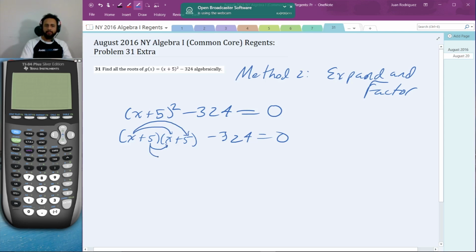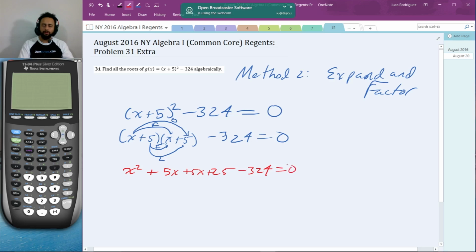X gets multiplied by each of the x and the 5 on this side, and then the 5 gets multiplied by each of the terms here. X times x, so the first, outer, inner, last. Okay, x times x is x squared, plus x times 5 is 5x, x times 5 is 5x, and 5 times 5 is 25, minus 324 equals 0.